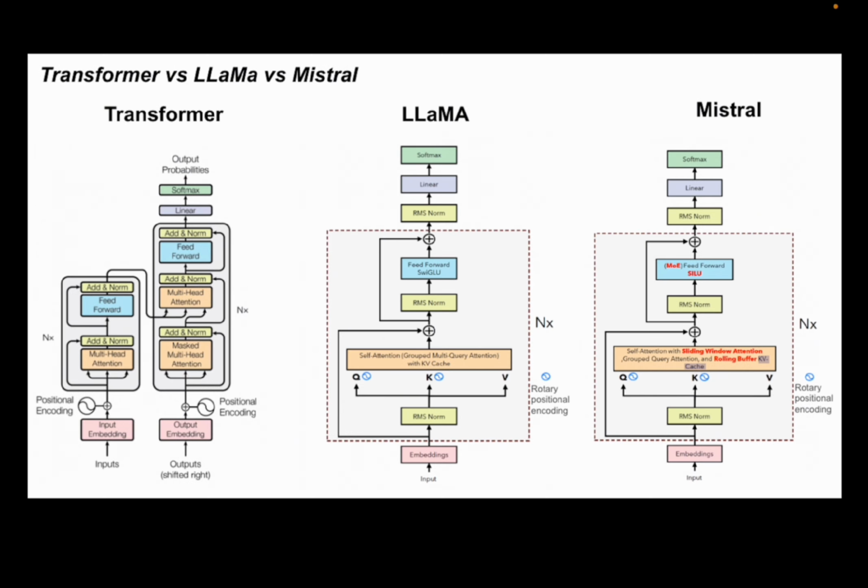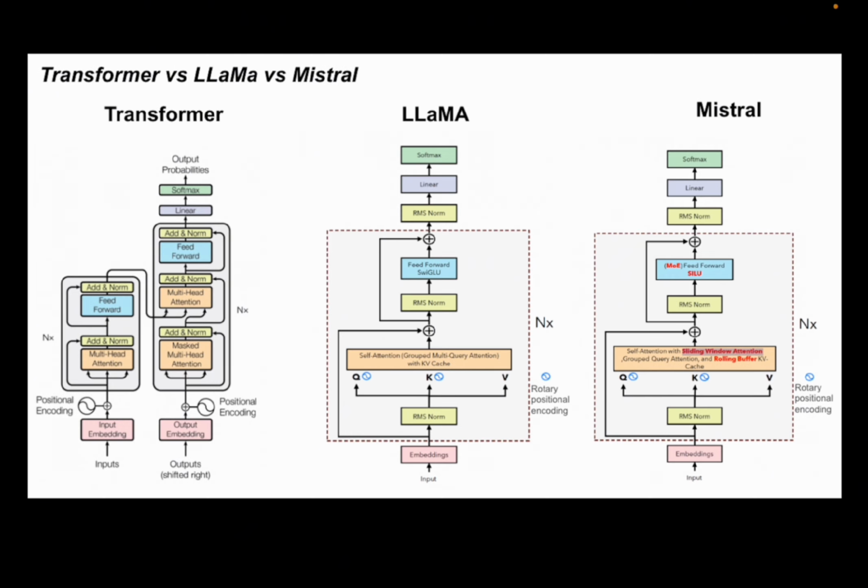Sliding window attention is a kind of attention where, for each token, if the window size is four, we are allowed to look only at the previous four tokens that we have. So this is again one of the inventions of the Mistral model.